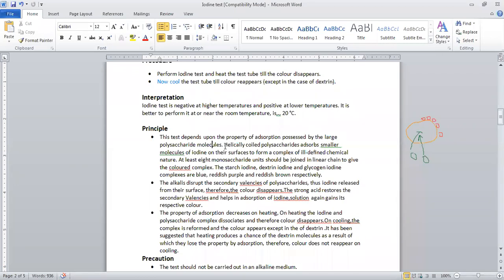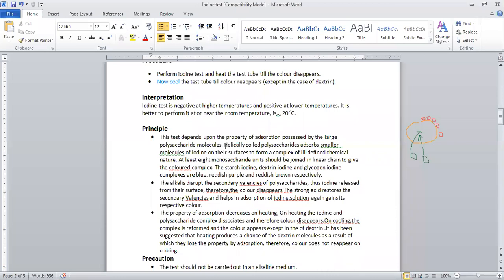So when we change the physical conditions of this reaction, the colored complex would disappear and iodine molecules would detach from the polysaccharides. And we can perform this iodine test only in slightly acidic conditions.